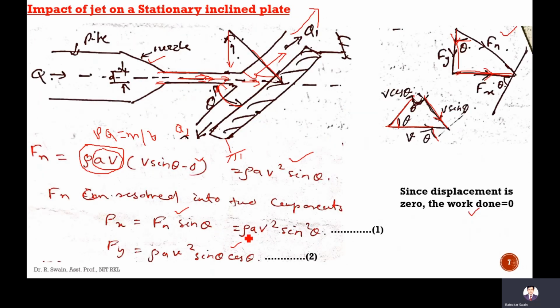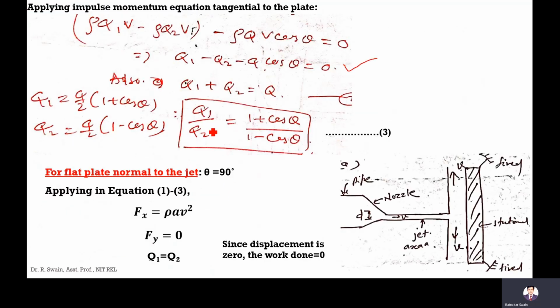Now if we apply these equations for Fx, Fy and Q1 by Q2 to a plate which is normal to the jet, it is symmetrical, so there will be velocity v in this direction and v in this direction. It is stationary, it is fixed.